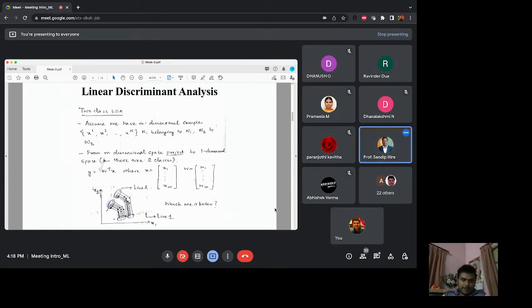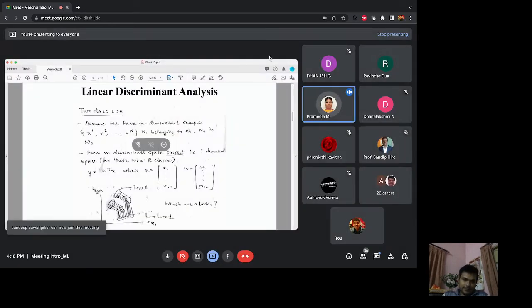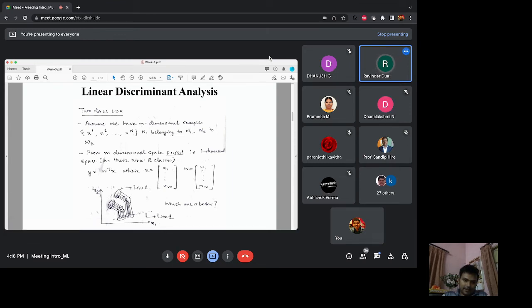Line 1, because it gives us the complete separation between these dots and crosses. And in line 2, the crosses overlap with each other when mapped to the single plane. Sir, if you have drawn these lines as shown in the picture, then line 2 looks better because it gives better separation. So what is your answer then, line 1 or line 2? Line 2. Okay.